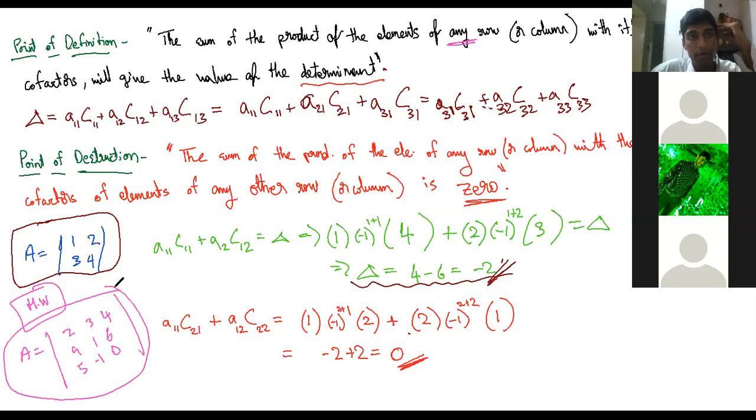Just experiment with this. Check if the definition is holding. मतलब you find the determinant along every row, every column, and it should turn out to be equal according to the definition. Then after that, you multiply any row with corresponding cofactors of other row. You should always get 0. Okay. इसका proof भी कर सकते. Proof का मतलब, proof in the sense you just write any random A, B, C, D, F, G, H, I, and you can prove it. You will see that everything becomes cyclic and cancels out. Unnecessary stuff. I'm not doing it.